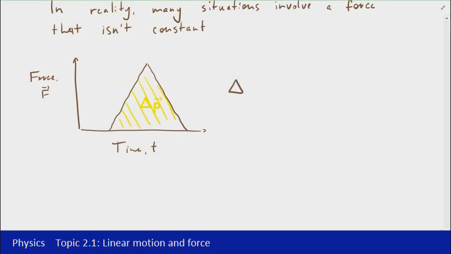Now in this case, because that area is a triangle, let's denote the force up the top here as F max. The change in time is still this change in time here, delta T. In this situation, it's not just a case of multiplying the two quantities, F max times delta T. We'd need to calculate the area under the curve. So that would be the area of a triangle, half F max multiplied by delta T.